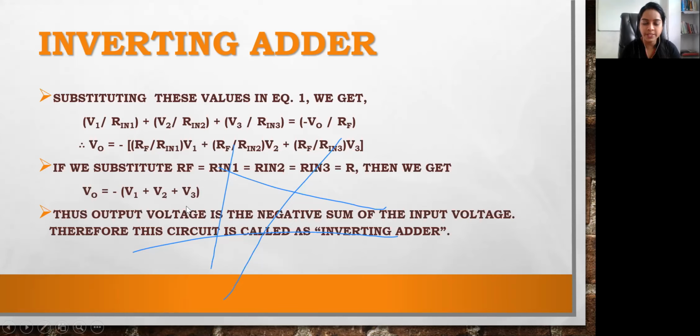This is the basic principle of an adder. We have added the input voltages, but we have a minus sign also because we have used an inverting amplifier as an adder. So whatever input we give, at the output we have a 180 degrees phase shift.